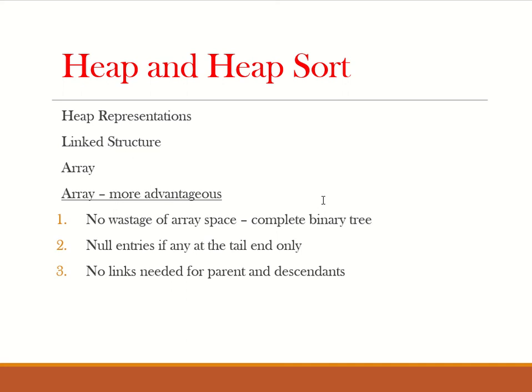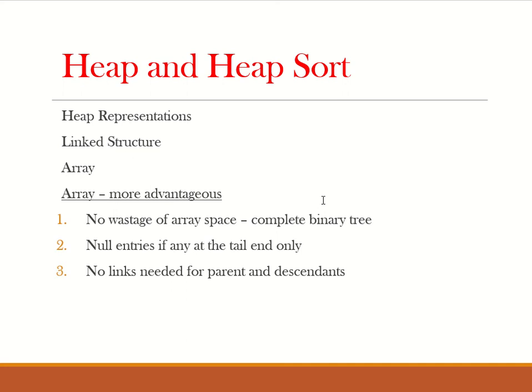So, just like in the case of a binary tree, you can have array representation or linked representation, but in the case of a heap, array representation is more advantageous. Talking about the binary tree or the binary search tree, we said that the linked representation is more advantageous.